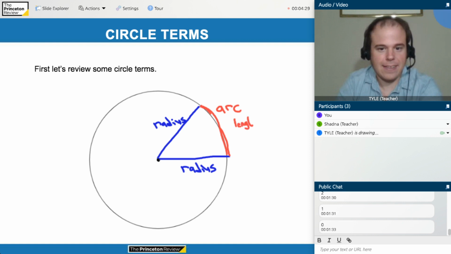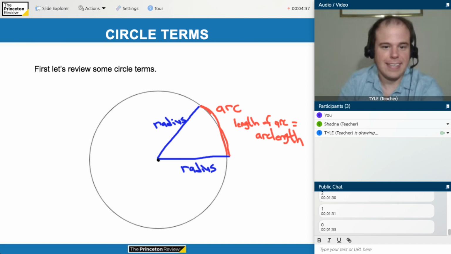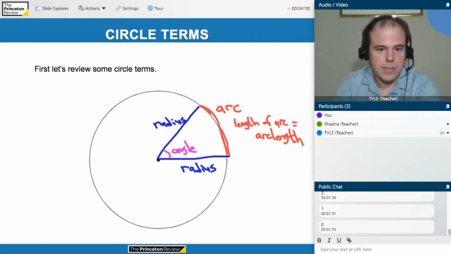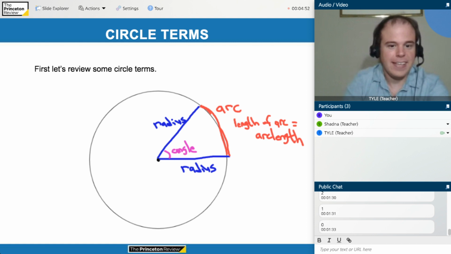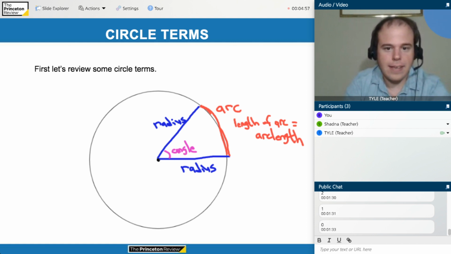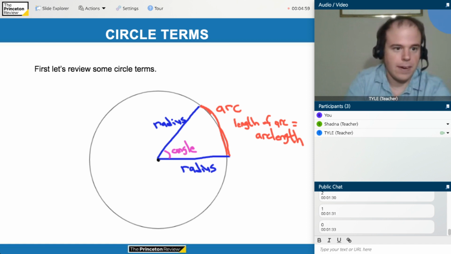So length of arc equals the arc length. Next, we have an angle, which is defined by these two radii here. So we have the angle that I've drawn in purple. As a bit of terminology, we say that the angle is subtended by the arc.